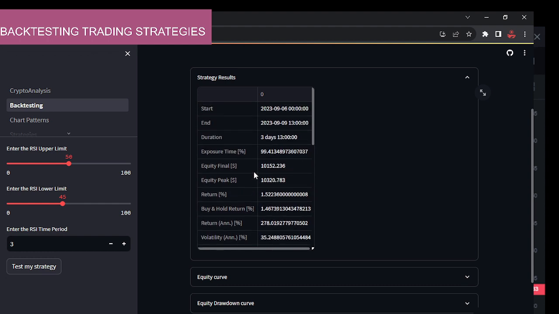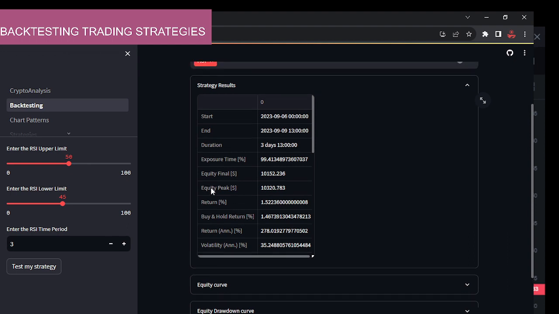Another thing that I've also observed is that with this strategy, the return is higher than the buy and hold return, which is the best way to work with any strategy, because it means your strategy is performing higher than the buy and hold.